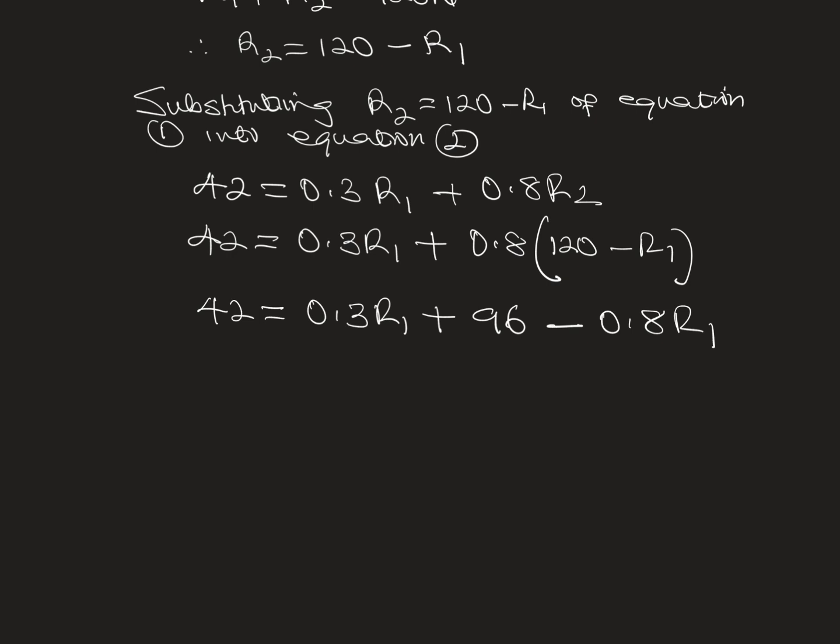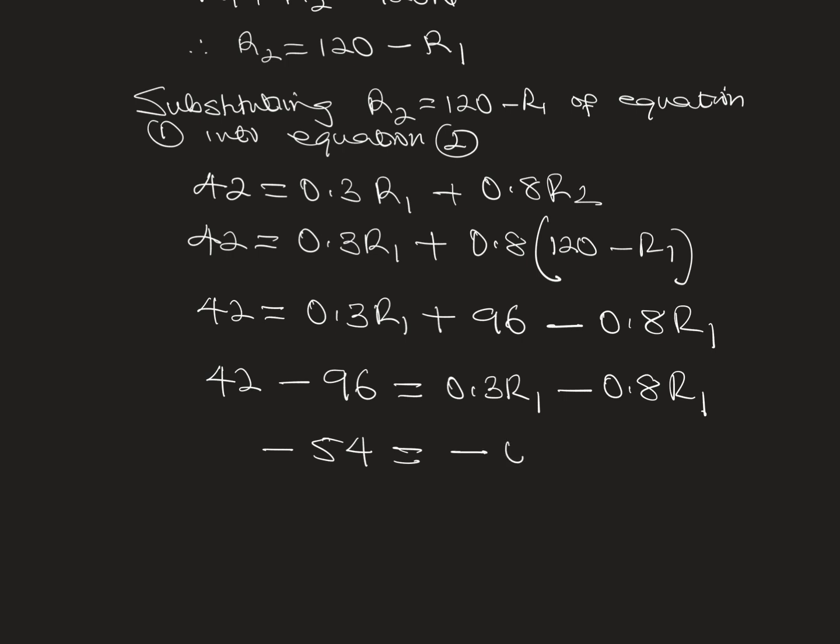Collecting like terms, you will have 42 minus 96 is equal to 0.3 R1 minus 0.8 R1. 42 minus 96 is minus 54, which is equal to 0.3 R1 minus 0.8 R1, which will give minus 0.5 R1.